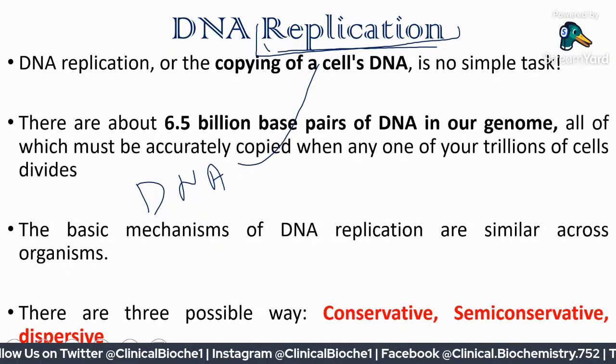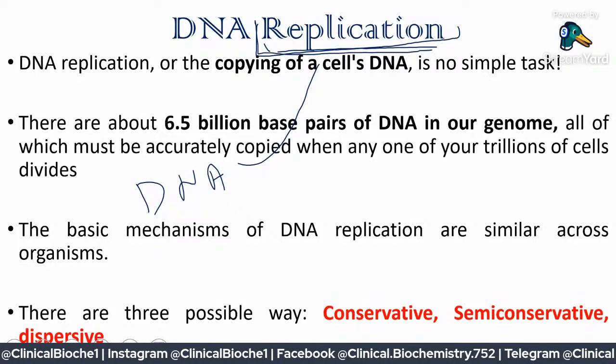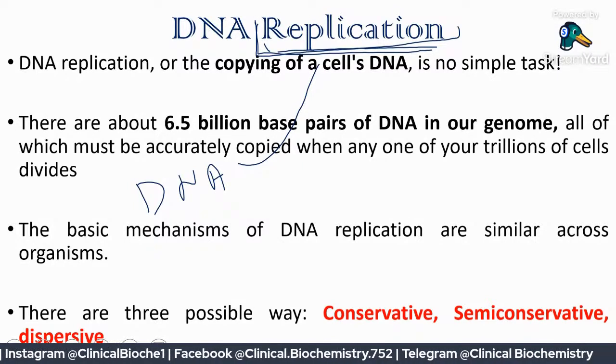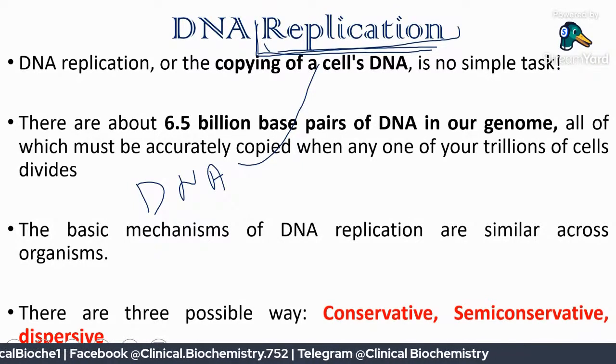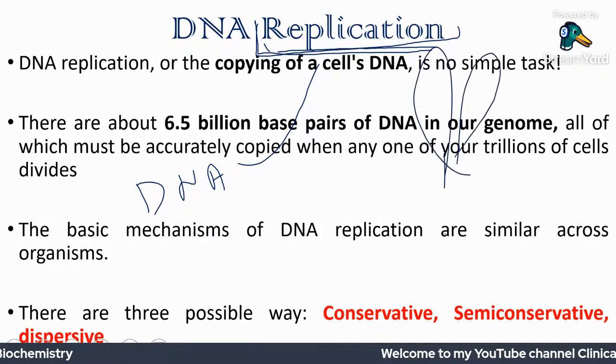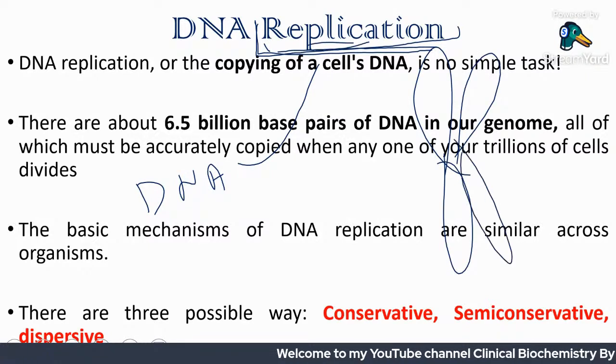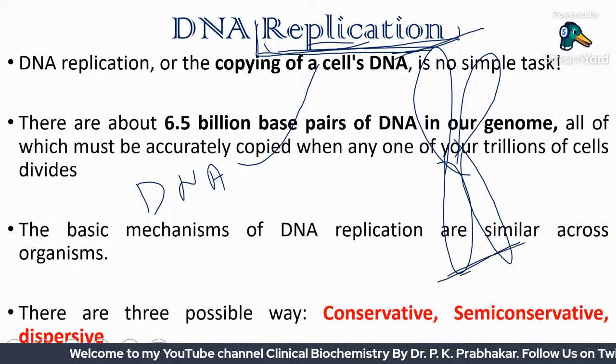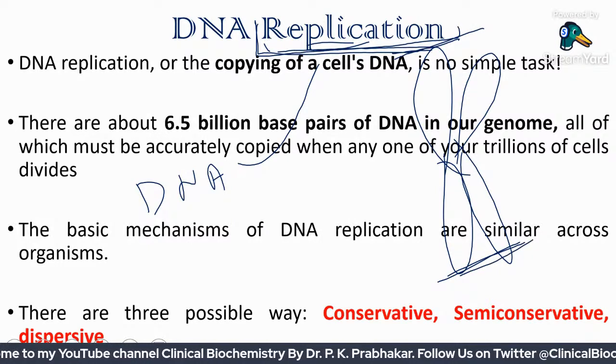And the second thing is that this replication process occurs for the complete DNA, not one specific portion of DNA. So if this was my chromosome, replication will occur for the full, complete chromosome, from here to here, the full DNA.